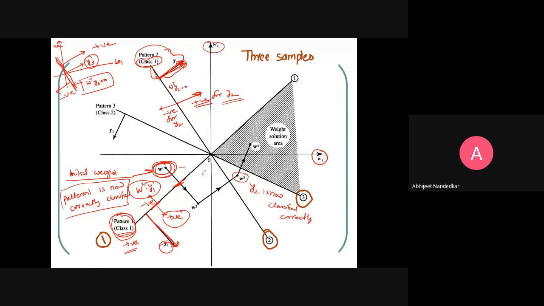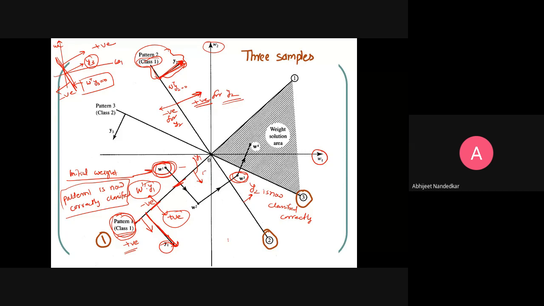What y1 was saying, that you go this side of this particular line, and you can see here your weight is in this direction. So y1 is also correctly classified because your weights are in the positive zone of y1 as well as positive zone of y2.